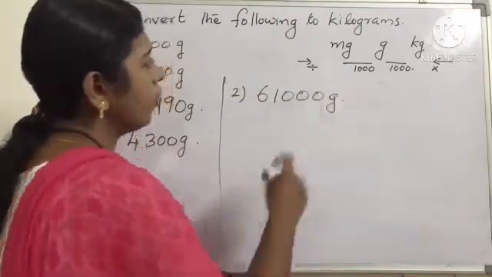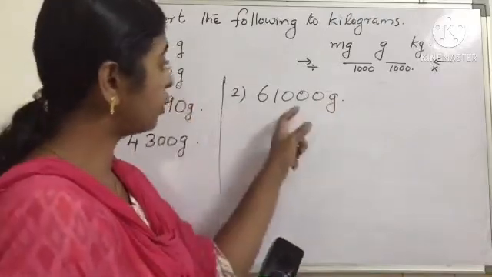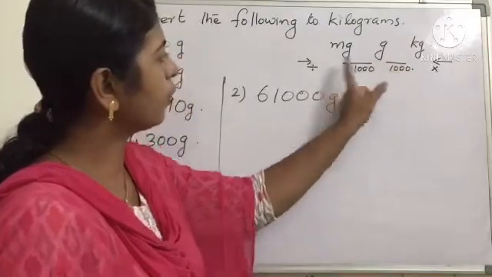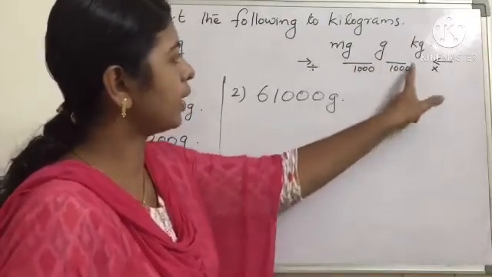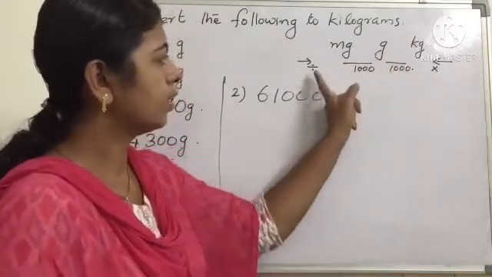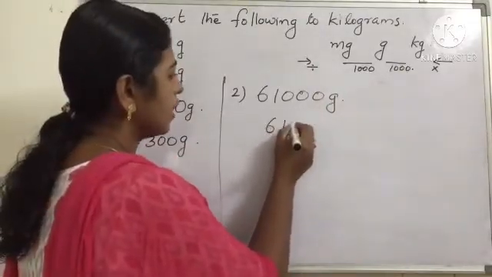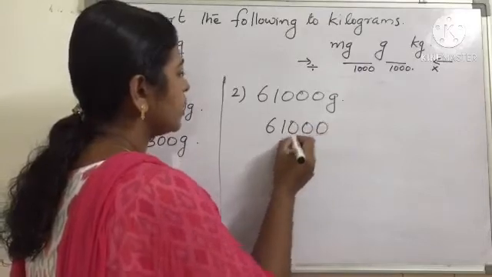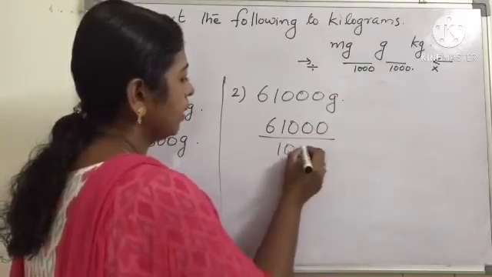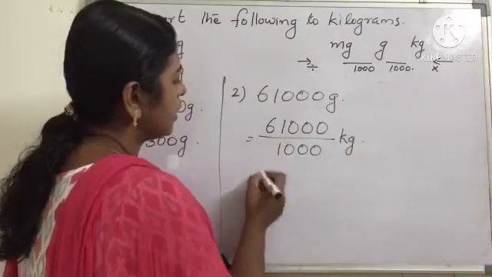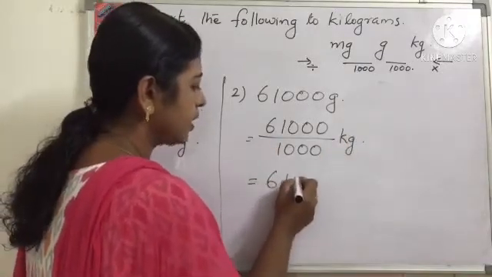61,000 gram. We want to convert this gram to kilogram. Gram to kilogram, then it's 1000. The operation is division. Okay, then 61,000 divided by 1000 kilogram. To convert this, we write the numerator first.